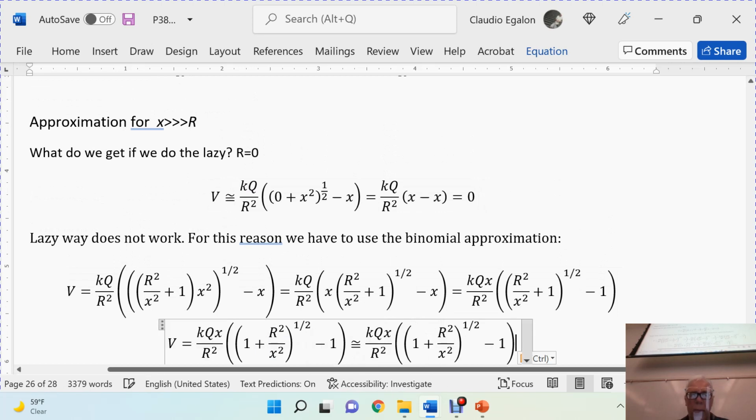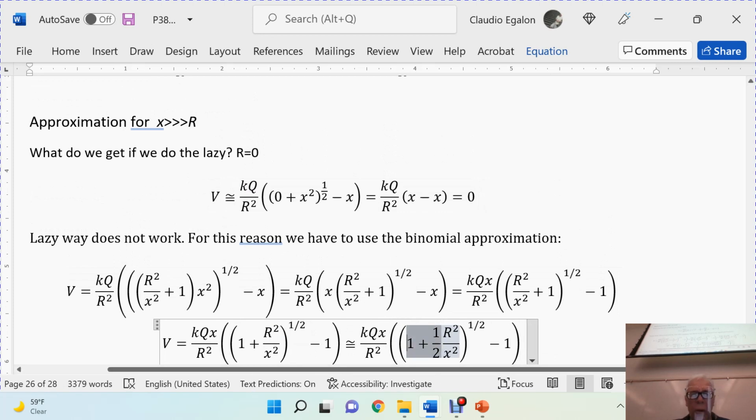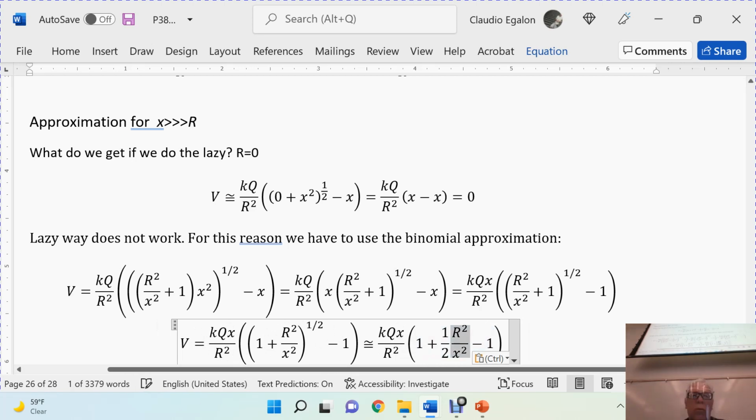So the approximation is going to be 1 plus half of r squared over x squared. That is the second order term because we have a square in there. The 1 here cancels out, and those two terms are exactly the two terms that canceled out in my zero order approximation.